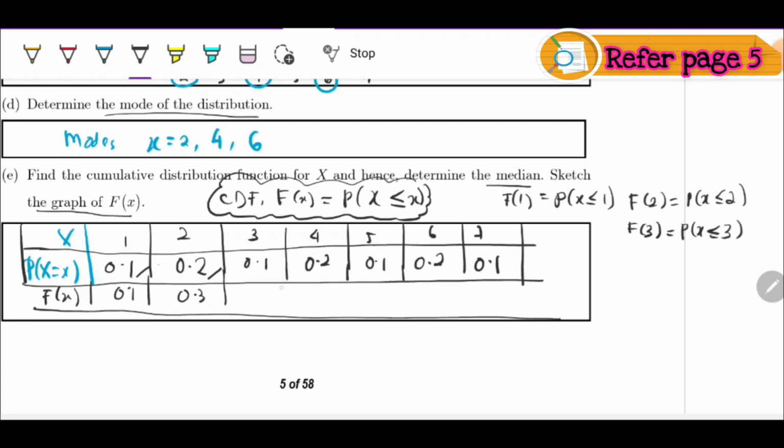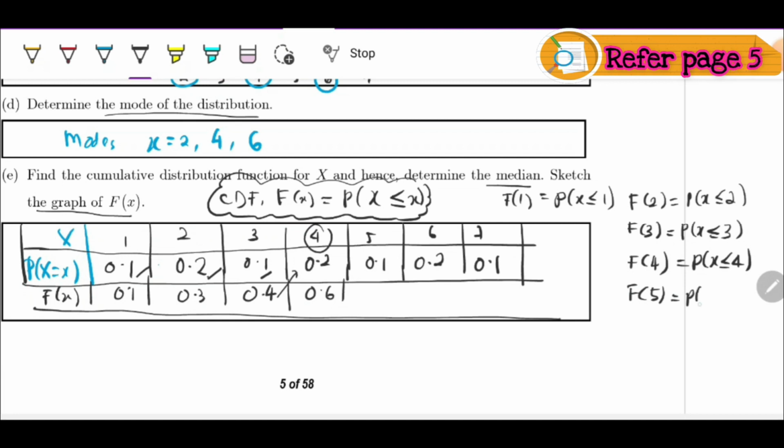So the probability is 0.1 plus 0.2 plus 0.1. So we get 0.4. F4 means Px less than equals to 4. Simply, we can add F3 plus the probability of x equals to 4. So we get 0.6.